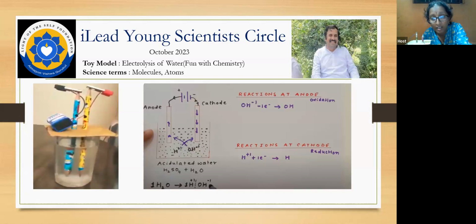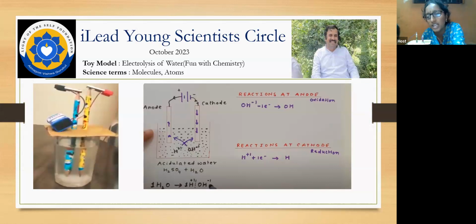OH, one atom of oxygen and one atom of hydrogen. Water can be broken into H and OH. This will be high level for you if I explain now. So just for now, understand that oxygen will be released by one electrode and hydrogen will be released by another electrode. If you come to 9th standard and 10th standard, you will get to know this.